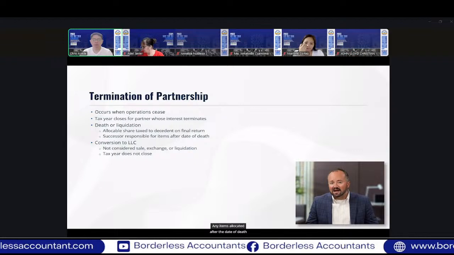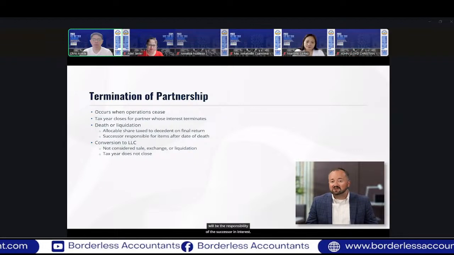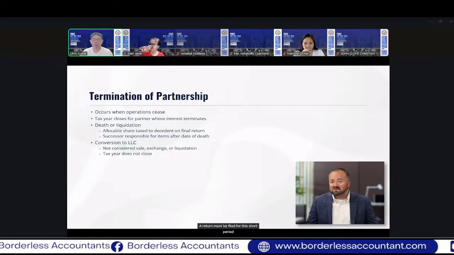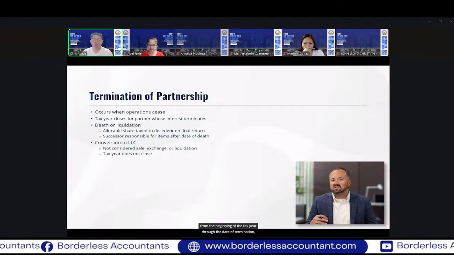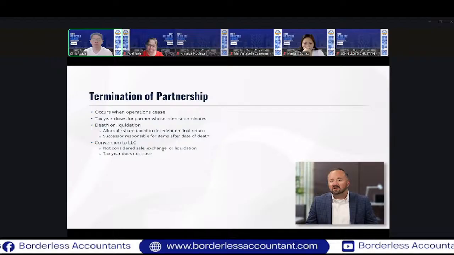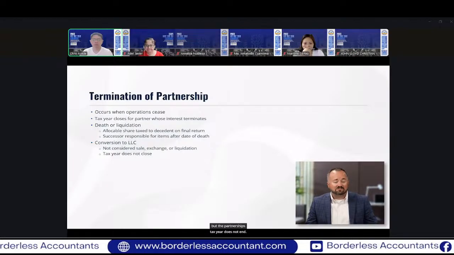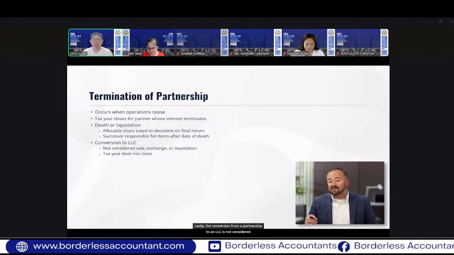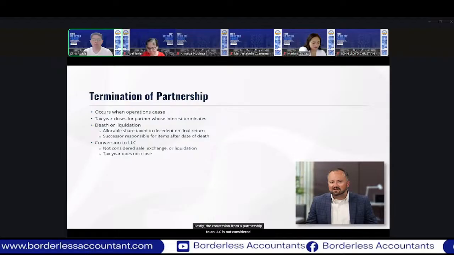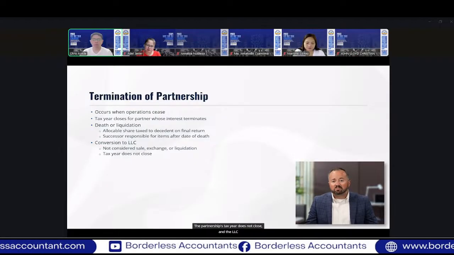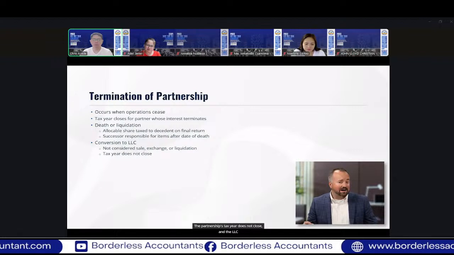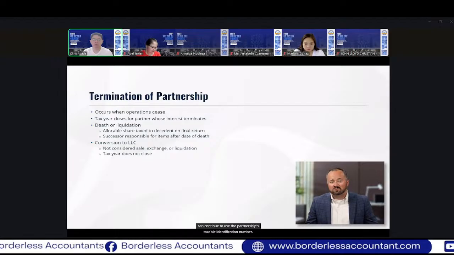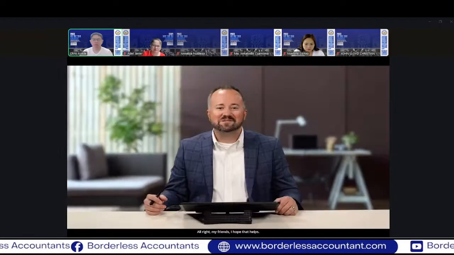Any items allocated after the date of death will be the responsibility of the successor in interest. A return must be filed for this short period from the beginning of the tax year through the date of termination, but the partnership's tax year does not end. Lastly, the conversion from a partnership to an LLC is not considered a sale, exchange, or liquidation of any partnership interest. The partnership's tax year does not close, and the LLC can continue to use the partnership's taxpayer identification number. All right, my friends, I hope that helps. Thanks for watching.